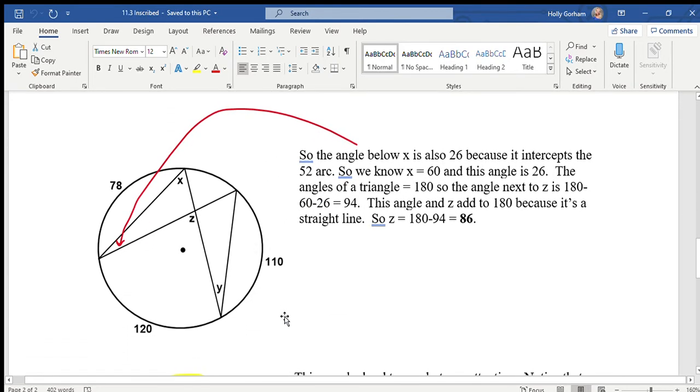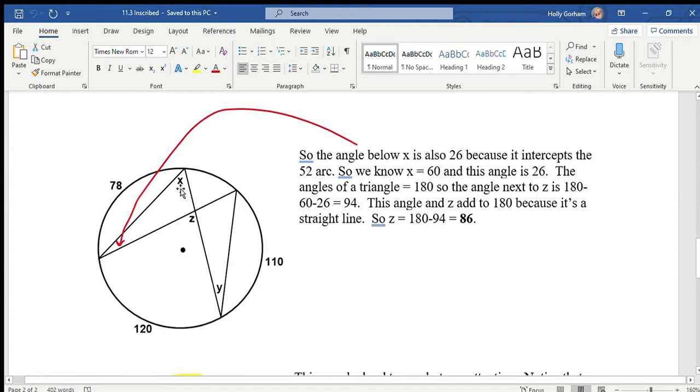Now, what happens is this angle that I'm pointing to down here, below this x, it would also be 26 because when you follow the sides, it also intercepts that arc, which is 52. So if x is 60, and this angle down here at the bottom is also 26, then we can add and subtract from 180 because the angles of a triangle add to 180.